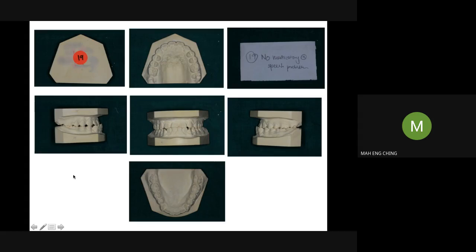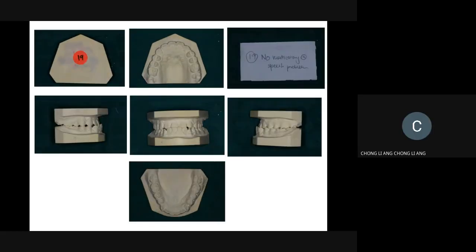So this one I give 3B. If they have a problem eating and speaking, they may be upgraded to 4M. This one is more than 3, or maybe slightly more than 3. If it's less than 3, then 3B, more than 3.5, then maybe I give you 4B.